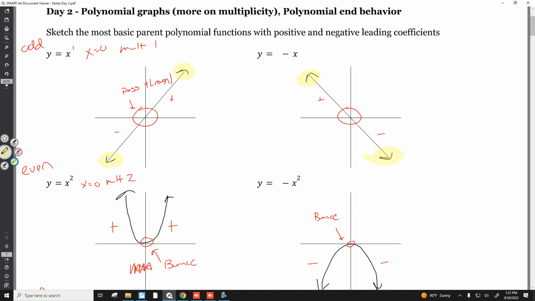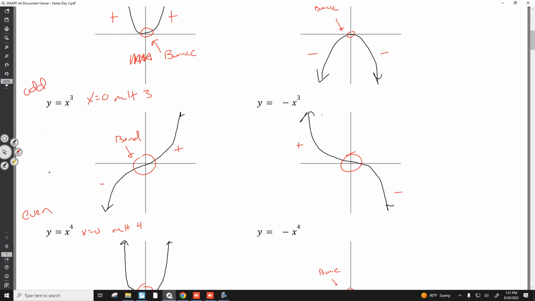Boom, we end like that. Let's look at the ends of y equals x cubed. The ends of y equals x cubed are the same. Y equals x, y equals x cubed, y equals negative x, y equals negative x cubed.